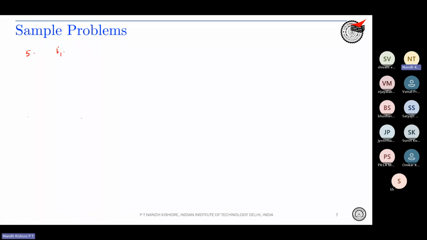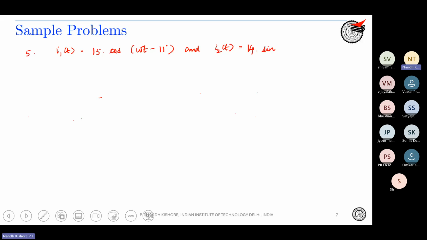So I1 of t is given as 15 cos(omega t minus 11), and I2 of t is 14 sine(omega t plus 10). This is also in amperes.